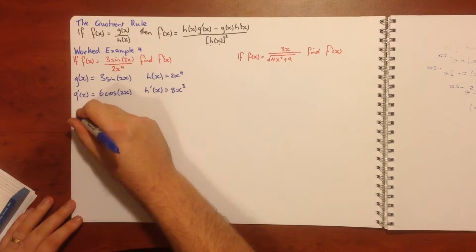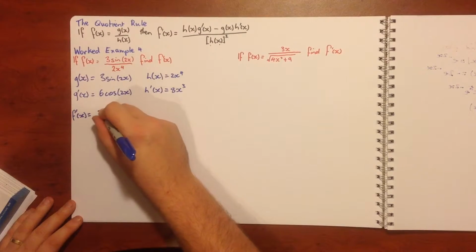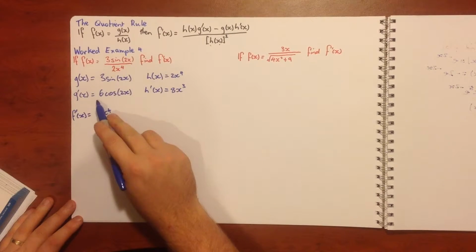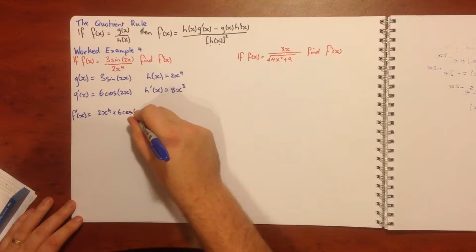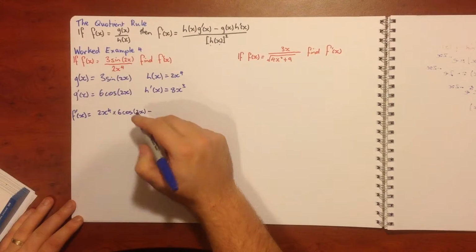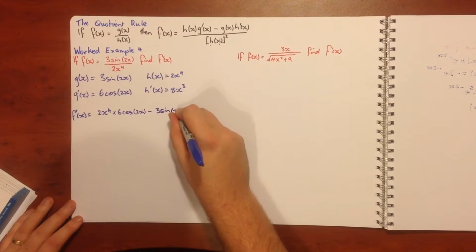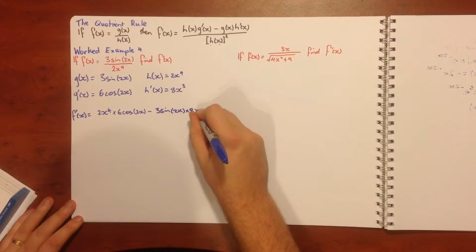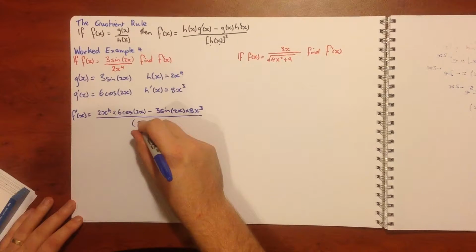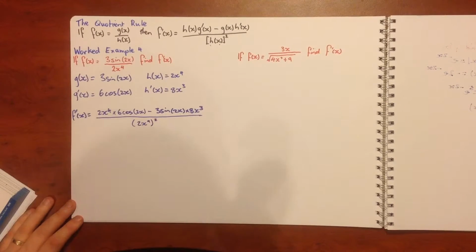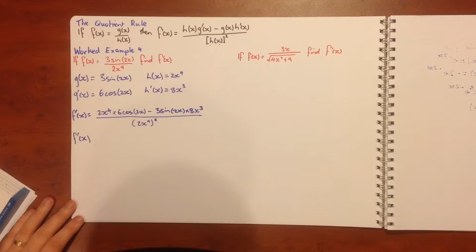So we can say f dash of x equals our h of x, 2x to the 4, times our g dash of x, which is 6 cos of 2x, minus g of x, which is our 3 sine of 2x, times our 8x cubed, all over our h of x, 2x to the 4 squared. Okay, so we need to simplify this a bit and neaten it up.